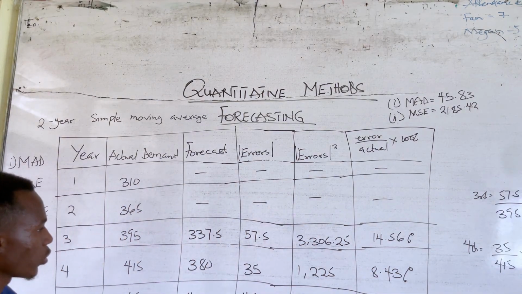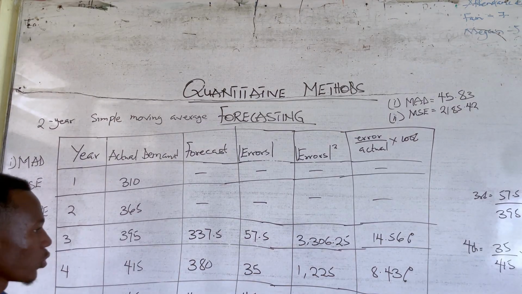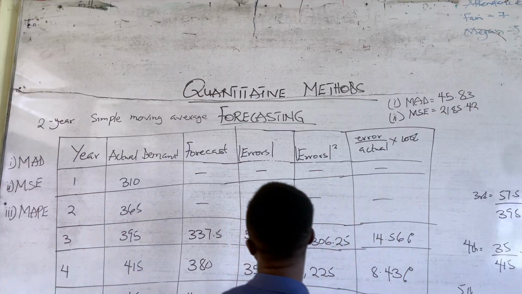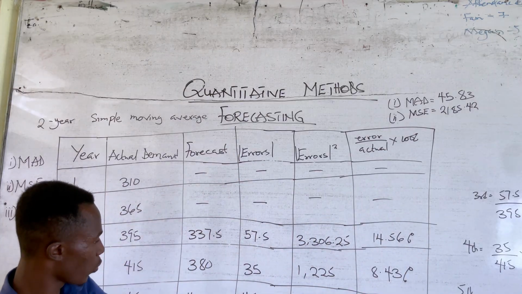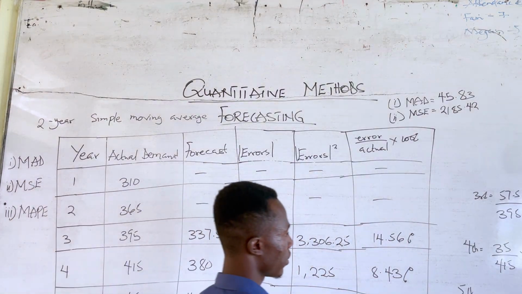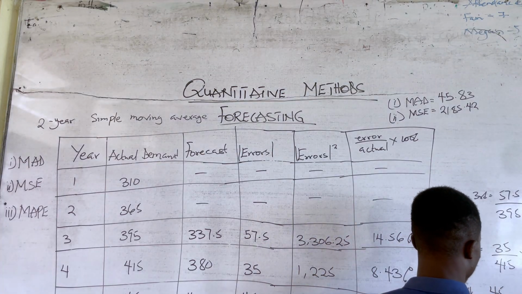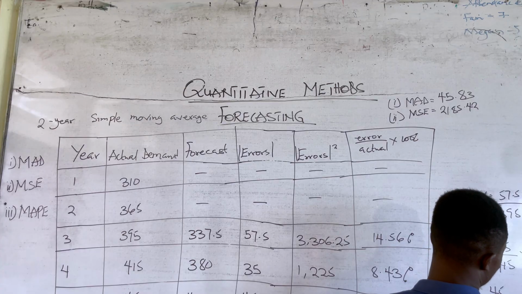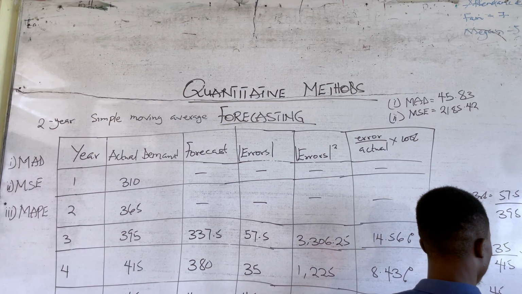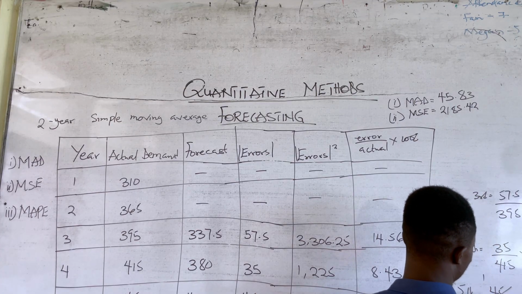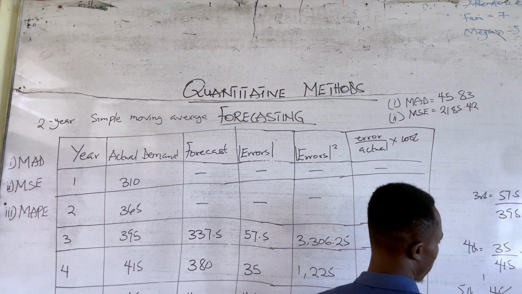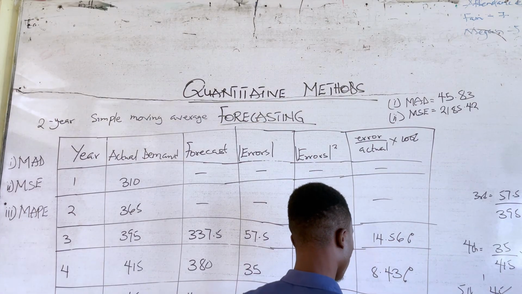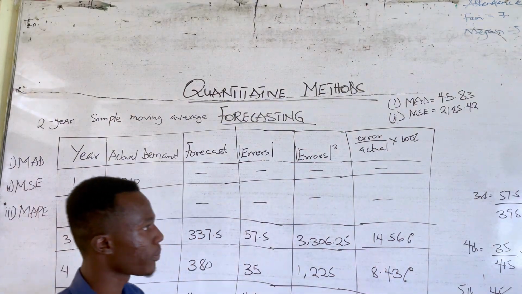Okay. So that is for the fourth year. Then let's move on to the fifth year. For the fifth year, what's the error? We have 45 over 450 times 100. So we are going to get 10%. 10 goes into 100, so we are going to get 10%. So we have 10% for the last part.